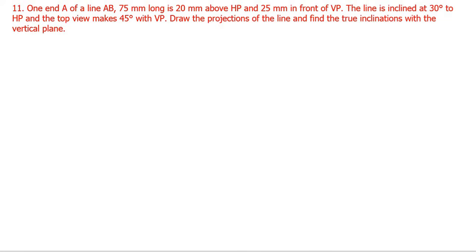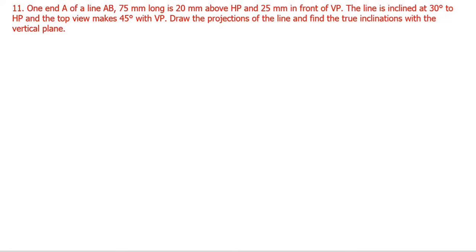Similarly, the same point A is 25 mm in front of VP, and also the line is inclined at 30 degree to HP, which means the HP inclination is given, so we can directly draw the true length of the line AB at angle 30 degree. Instead of giving the VP angle, here they have given top view angle, so the top view makes 45 degree with VP. So this is the difference between the previous problem and this problem.